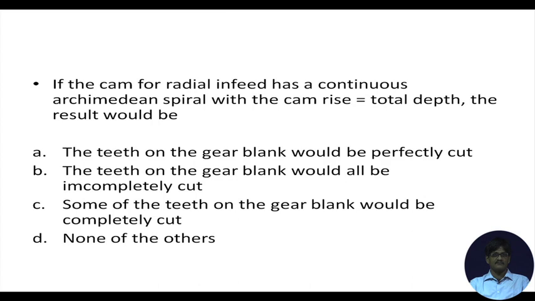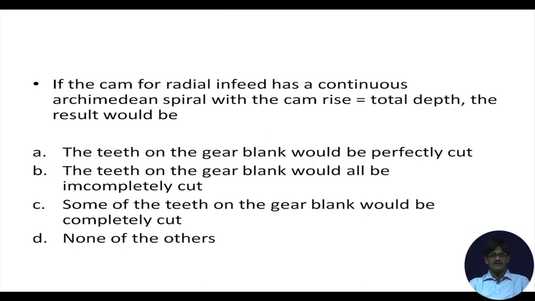Now, the second option and the third option, are they different? Would all be incompletely cut, and the third option is quite tricky. So, let us take them one by one.